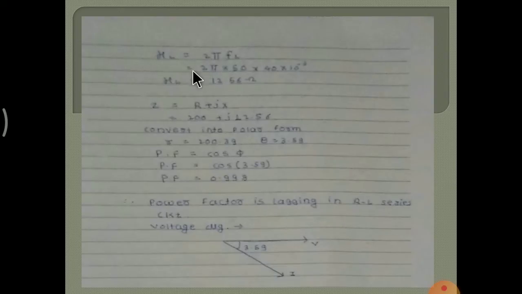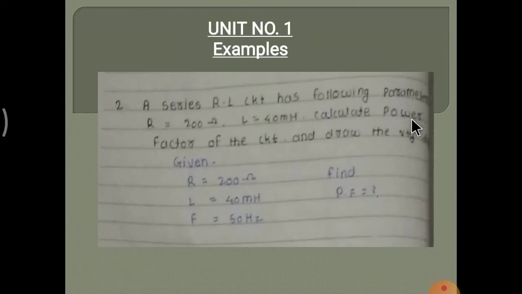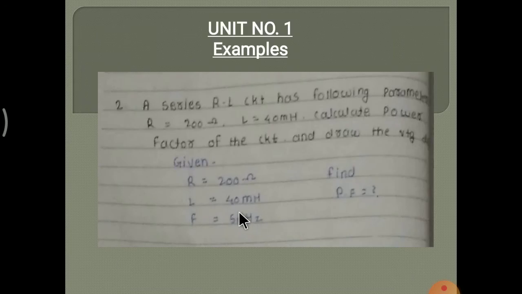First we have to find out XL. The formula for XL is equal to 2 pi FL. Then put the values: 2 pi into F, the frequency, that is 50 hertz, into L. L is given as 40 millihenry.